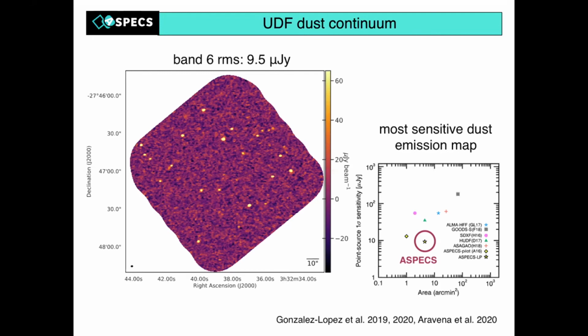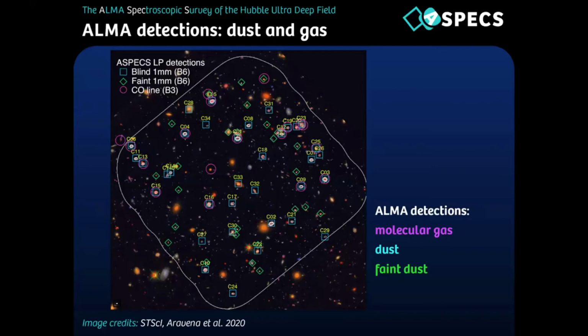And here we have detected 50 galaxies in continuum emission. So as you can see at the right-hand side, ASPECS among all these similar surveys is now reaching the deepest levels in this direction.